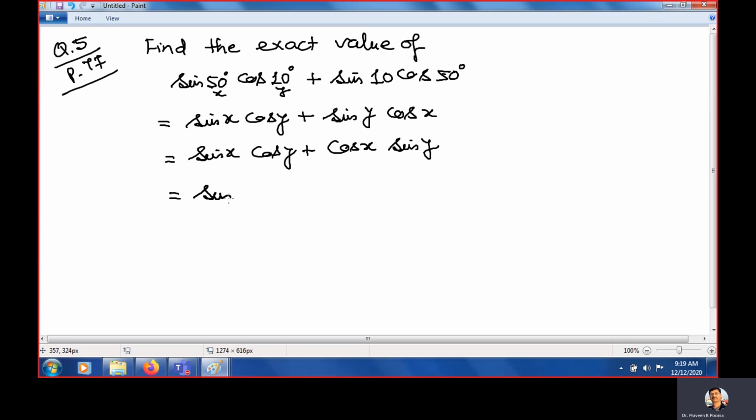And what is this formula? It is sin(x plus y), if you remember. Now put the values: it is sin(50 plus 10), that is sin 60 degree, and sin 60 degree is square root 3 upon 2.